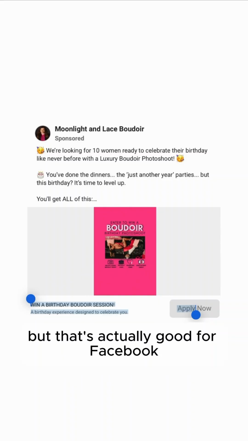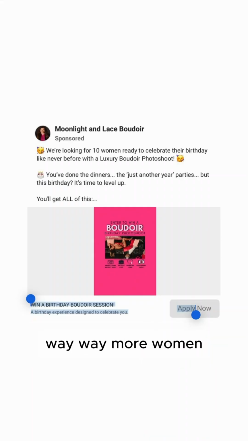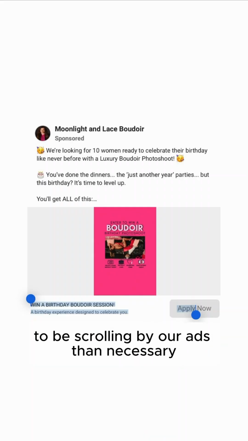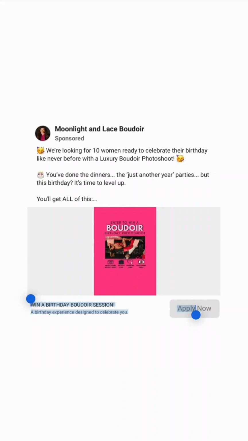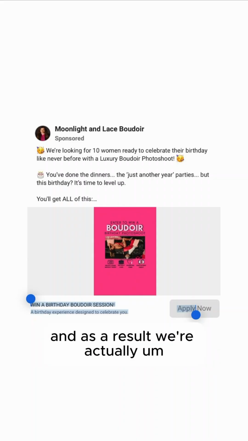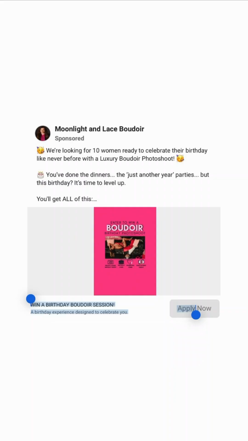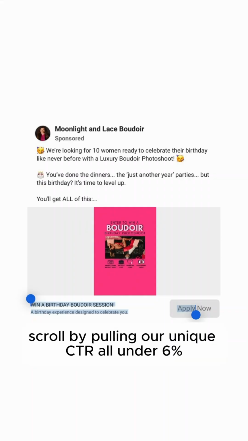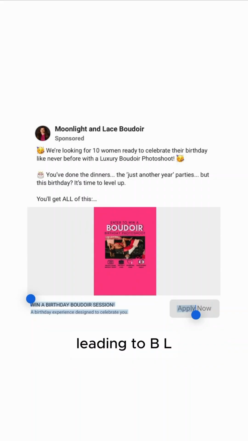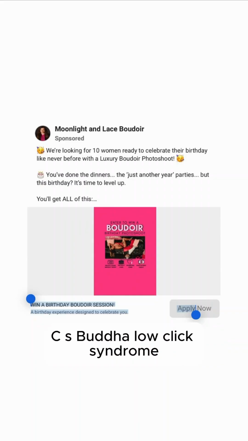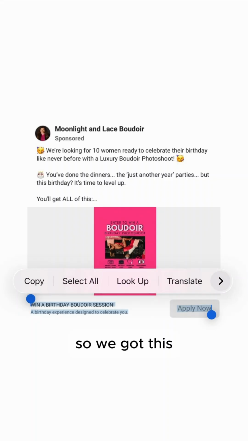But that's actually good for Facebook. It's bad for us because it causes way, way, way more women to be scrolling by our ads than necessary. And as a result, we're causing more women to scroll by, pulling our unique CTR under 6%, leading to BLCS, Boudoir low click syndrome.